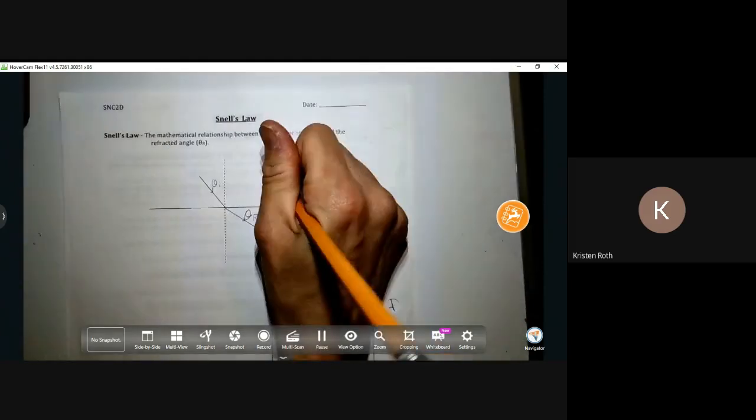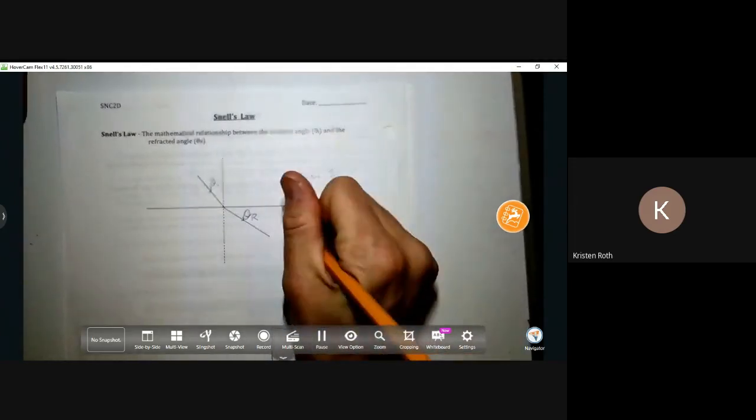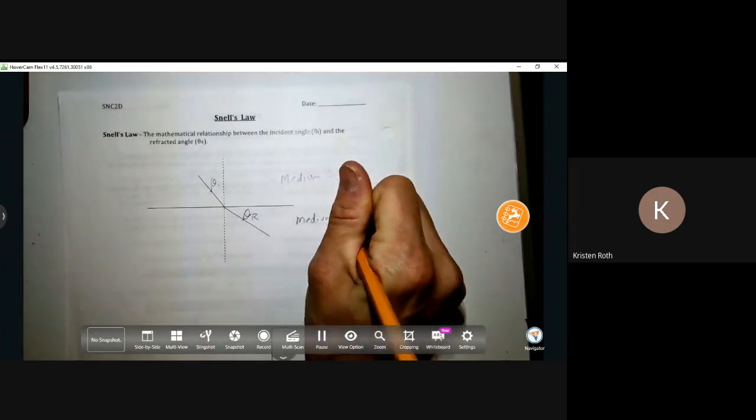So medium 1, medium 2. That's a little better.